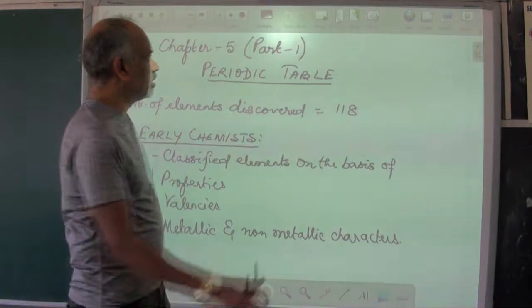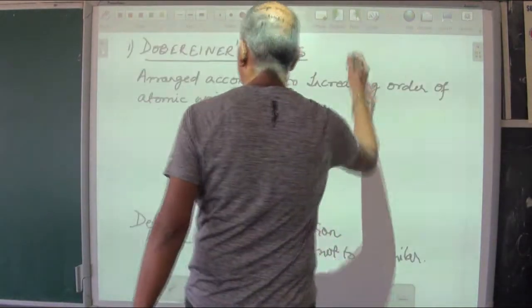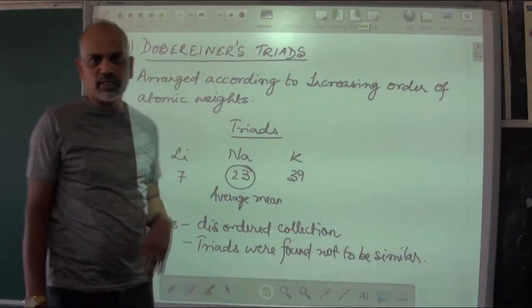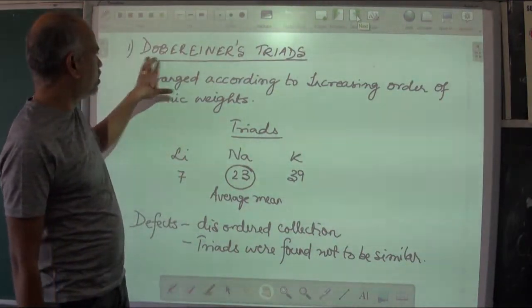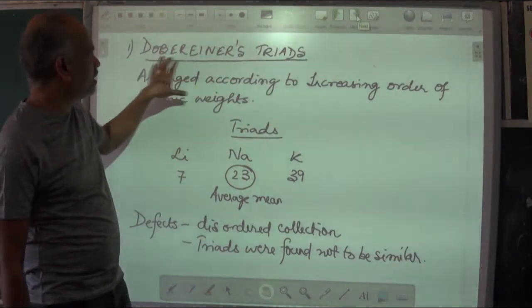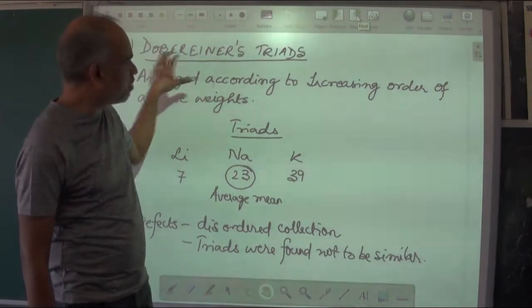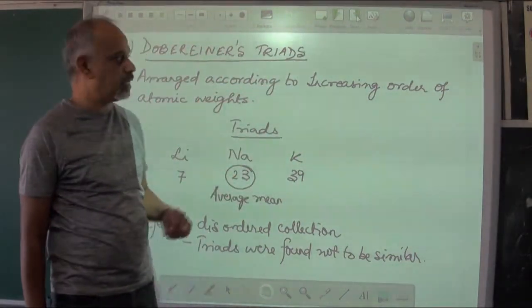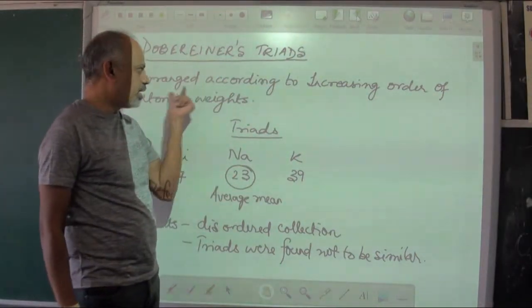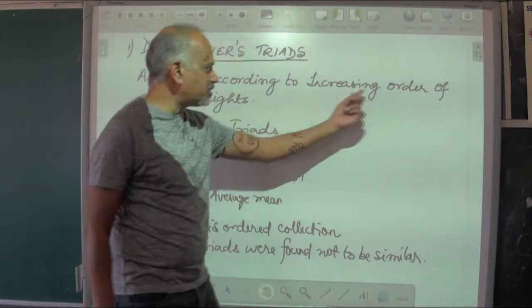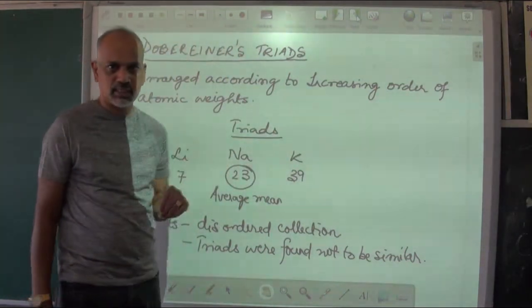So the next person who arranged this is called Dobereiner. The arrangement was called Dobereiner's Triads. He arranged according to increasing order of atomic weights.